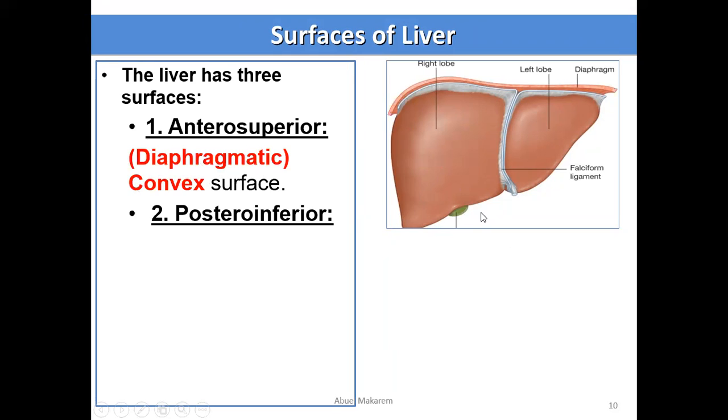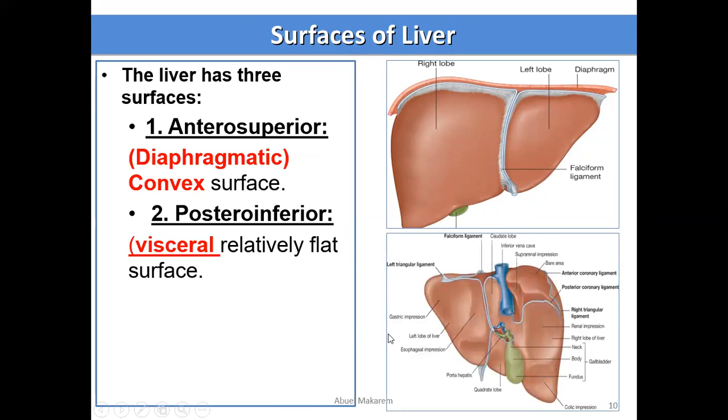Then below, we have the posterior inferior surface, which is also called as the visceral surface, because as we saw before, viscera or the organs of the abdomen will be related to that relatively flat surface. Now if you see from below, this is how it looks like. This is the posterior inferior surface or visceral surface. Now here you can see the impressions of different organs as we studied before.